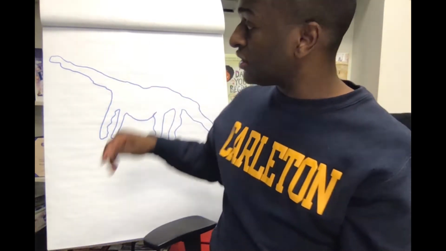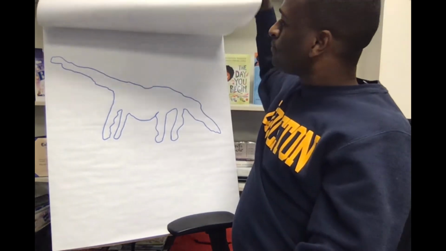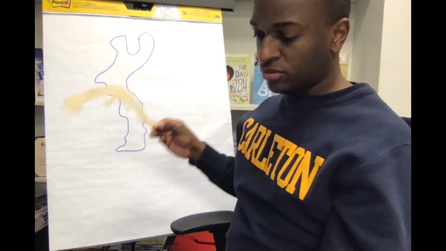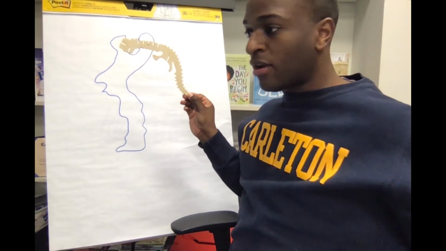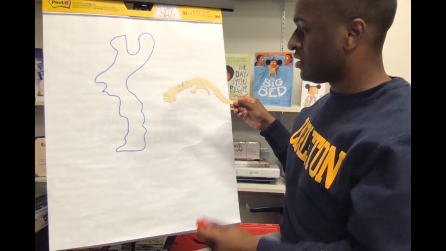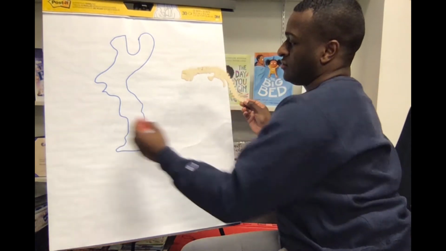So if I had to sketch that bone, this is what it would look like. Massive bone. Grab my marker. This time I'll do it in red so we can get a good look at it. I'm going to do this bone just across here.